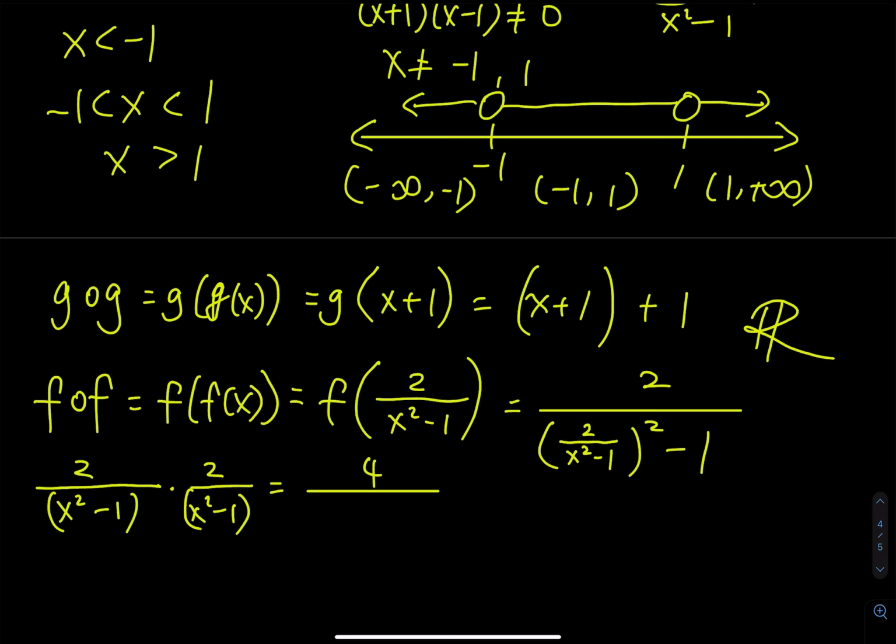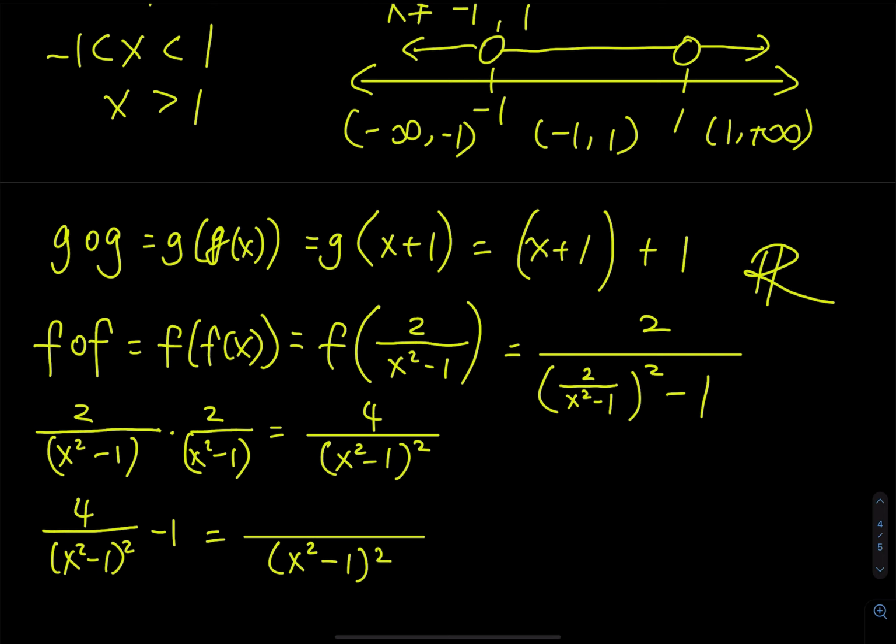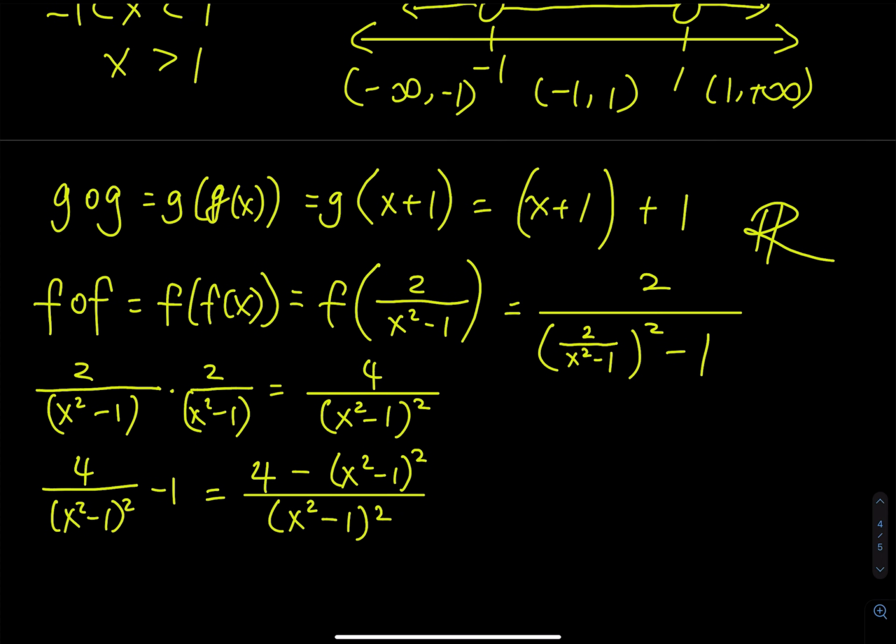And then this one, after you open that up, you will get, you know what? I will just do this. X squared minus 1, I will just do a square, because you will have to minus 1, right? So you will have to take this minus 1, because for the common denominator, I will just do it right here. X squared minus 1 squared, and then 4 minus 1 times that, which is x squared minus 1 squared, and then you have a 2 divided by this piece.